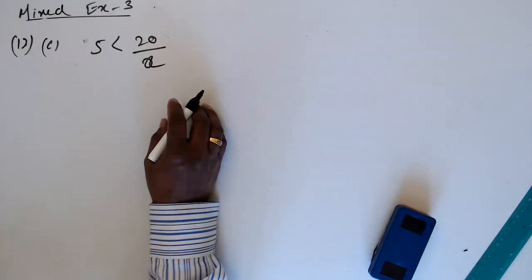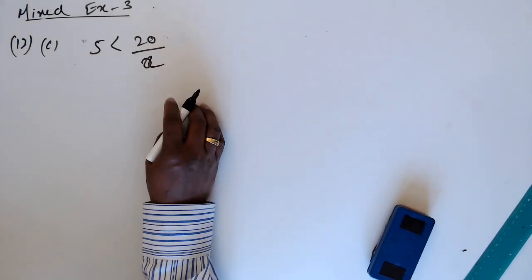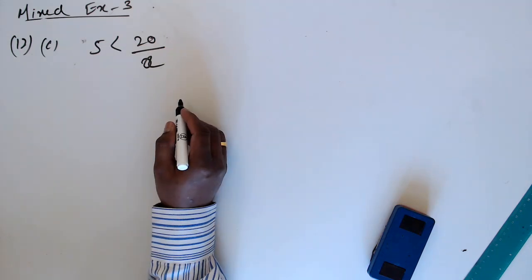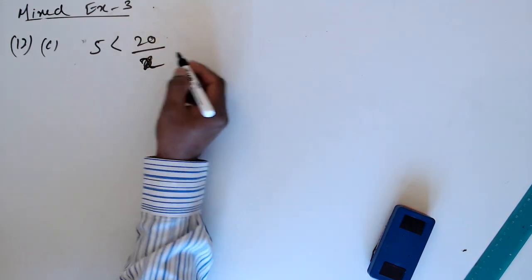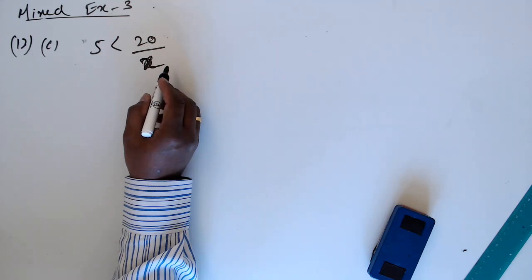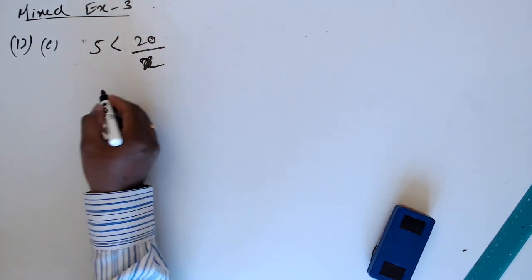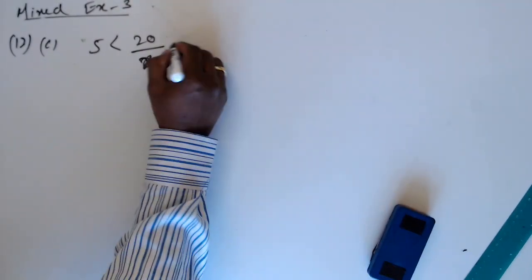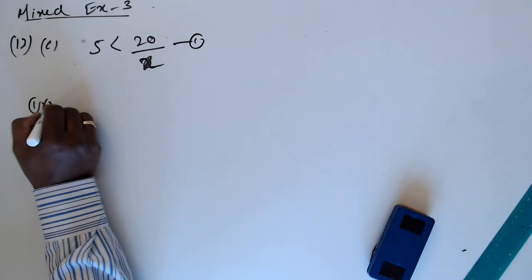Part C. We multiply by x square. Now you know why we multiply by x square. 1 multiplied by x square.